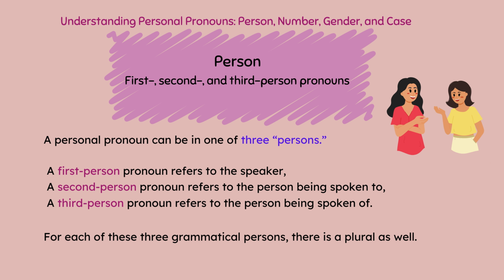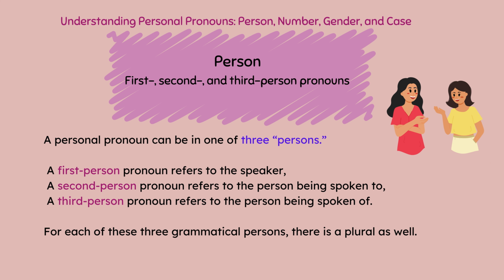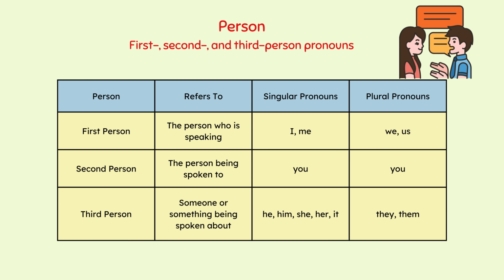Let's now understand how personal pronouns work based on person. In grammar, person means who we're talking about. There are 3 types of person. First person, this refers to the speaker. For example, I, we. Second person, this is the person being spoken to. For example, you.